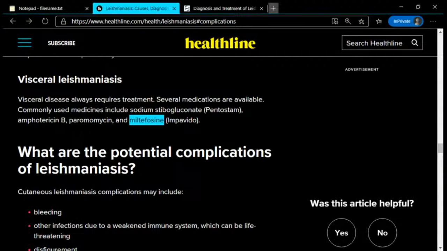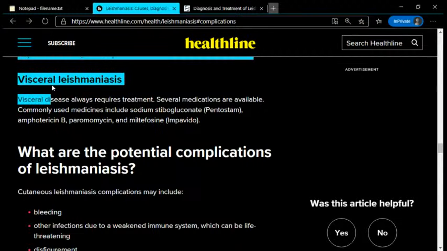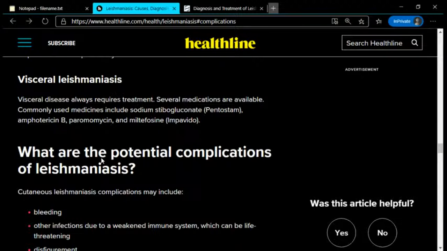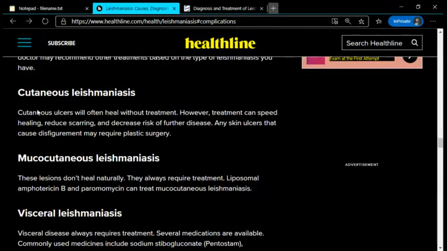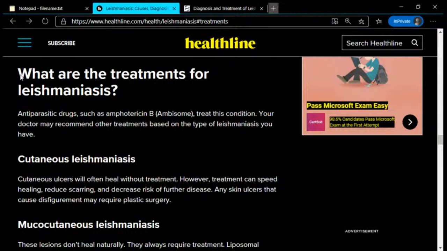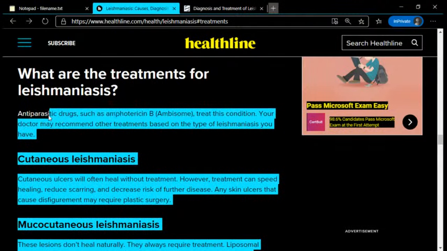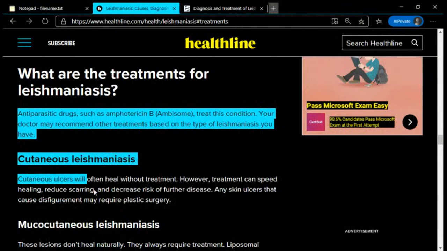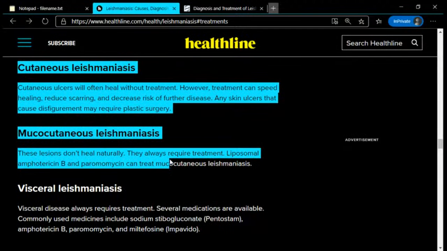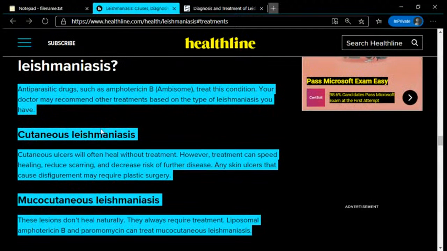Very important medications used against leishmaniasis. These are the treatments for cutaneous leishmania. So let's take that and add it to the research subject that we are researching.